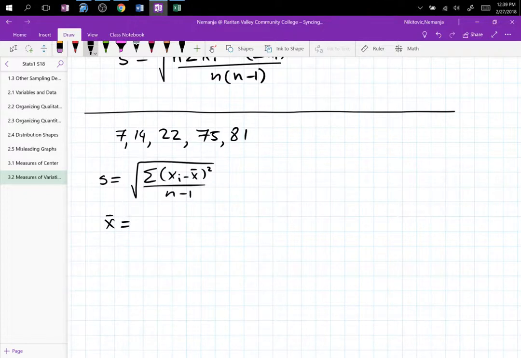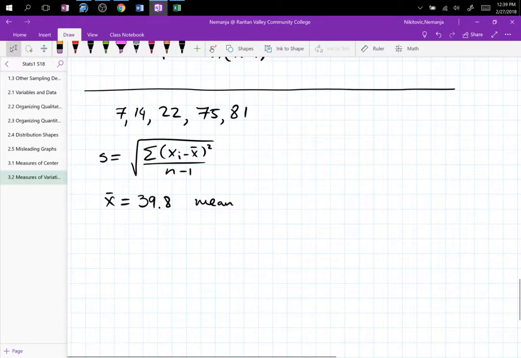And that's going to be when we add all of these: 21, 43, 118, 199. Is it 199 when you add all of this? Yeah. So 39.8 is the mean.